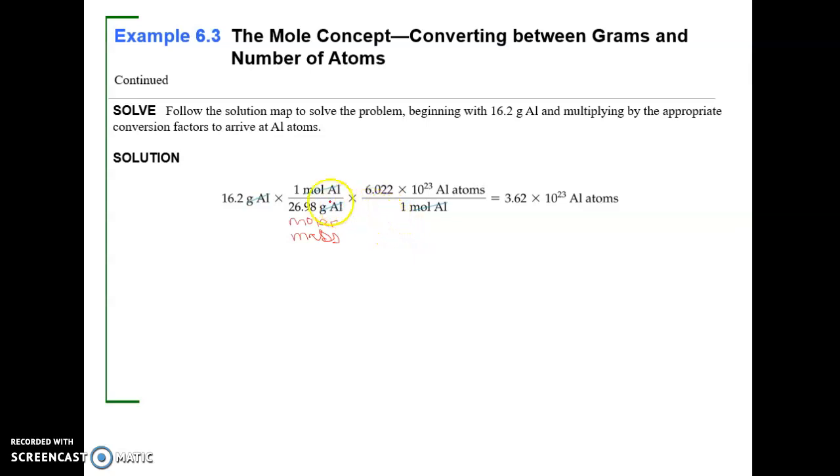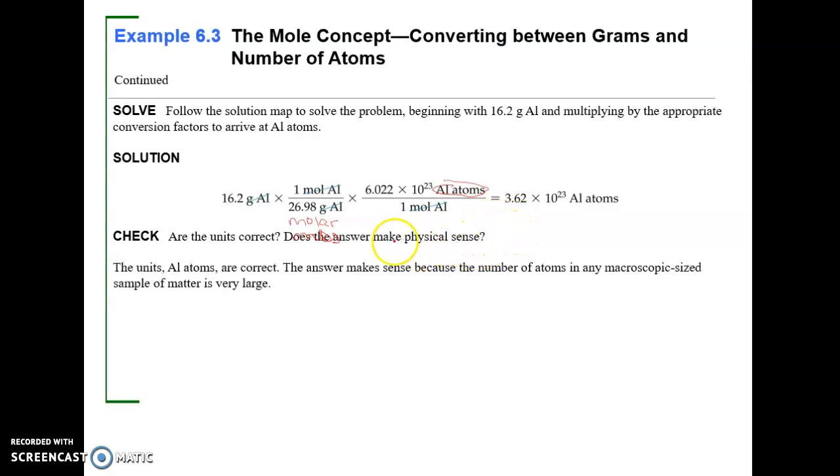Okay, so now that I'm in moles of aluminum, I need to have moles on the bottom here, and I need to have atoms of aluminum on the top here. And so all my units cancel except atoms of aluminum. That's what I'm left with. And we can calculate this out. 16.2 divided by 26.98 multiplied by 6.022 times 10 to the 23rd atoms. And to the correct amount of significant figures, you end up with 3.62 times 10 to the 23rd atoms.